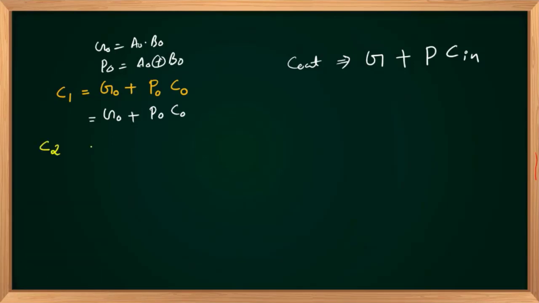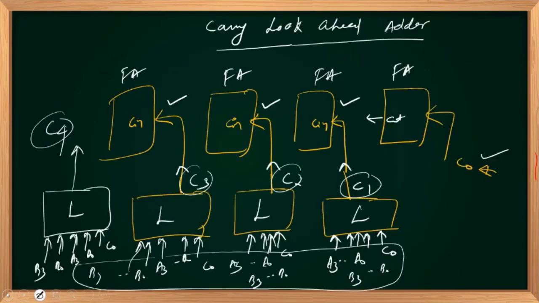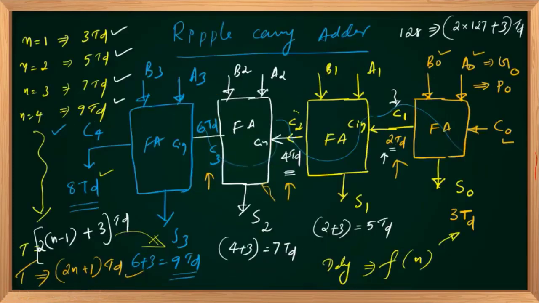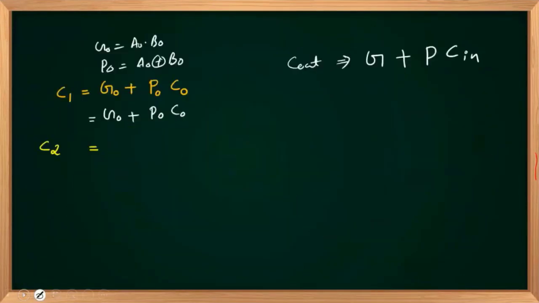What is C2? C2 is the carry out from the second stage, and its carry in is nothing but C1, and its input bits are A1 and B1. So C2 is nothing but G1, that stage may generate the carry, or that stage will allow the carry to propagate, and that carry input is nothing but C1.